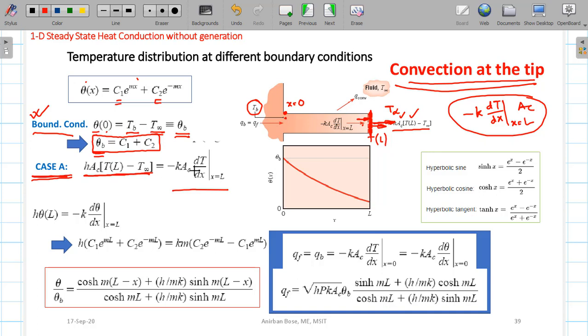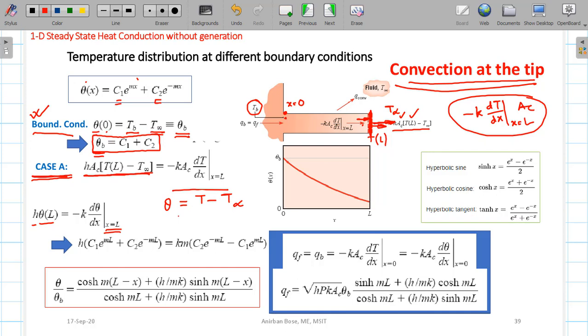So if you write this T_L minus T infinity as h into theta at x is equal to L, it is equal to minus k into d theta/dx at x is equal to L, because theta is equal to T minus T infinity.